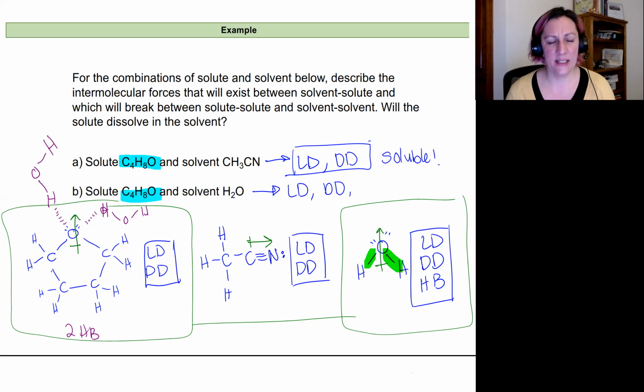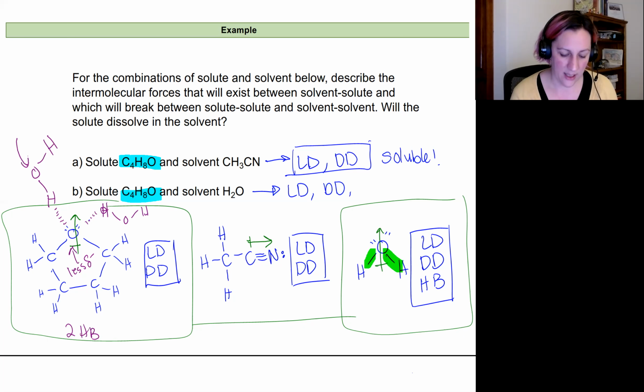And so it's going to be able to do some of this, but it's not going to be like another water molecule hydrogen bonding. And while it's going to interact with this lone pair, it won't be as strong of an interaction as it would with another hydrogen bonding capable molecule, because this oxygen right here has less electron density, or let's say less partial negative charge, than the oxygen on the water.